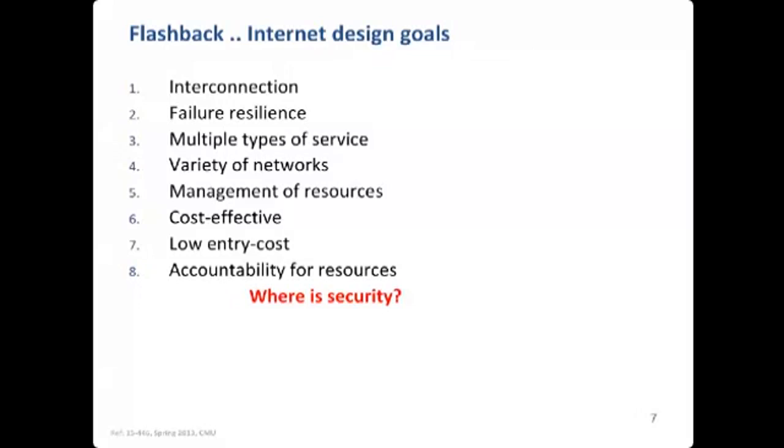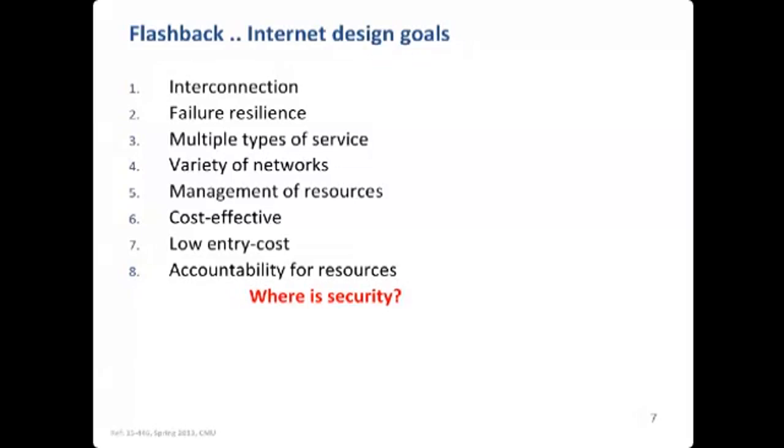Management of resources, it does beautifully, is very cost effective. Now the cost effectiveness comes from the fact that it's just plain simple packet transport technology. So you can see that we can get hundreds of megabits per second kind of bandwidth at very low cost. Okay, we hardly pay 1,000 rupees and get that kind of bandwidth. Low cost, low entry cost, anybody can have internet, right?